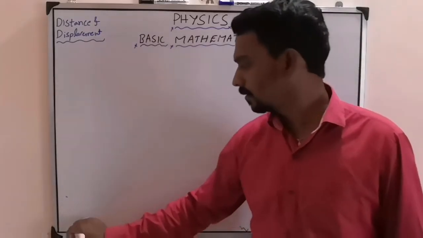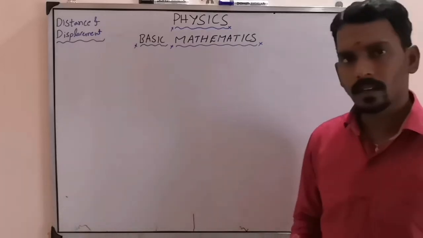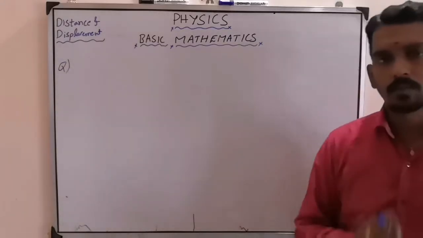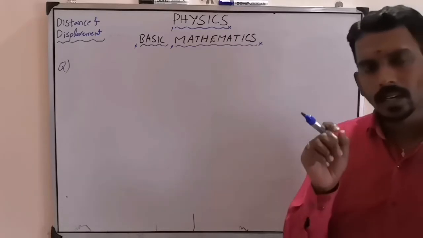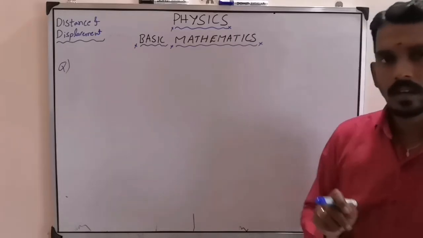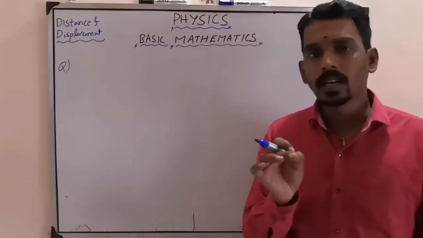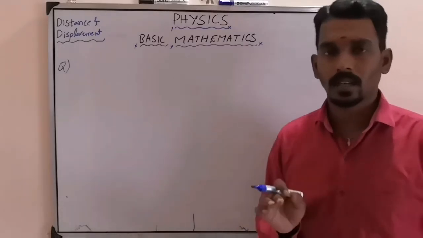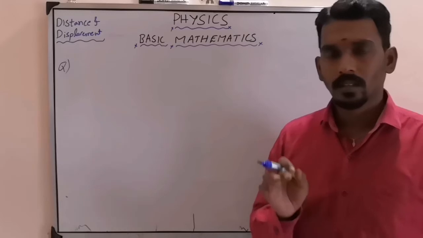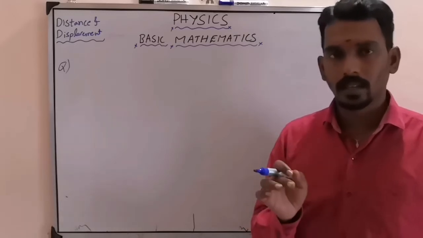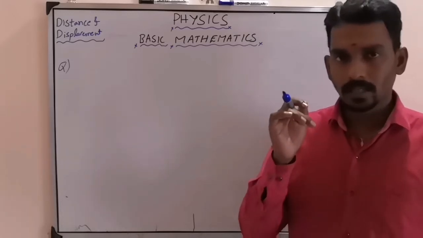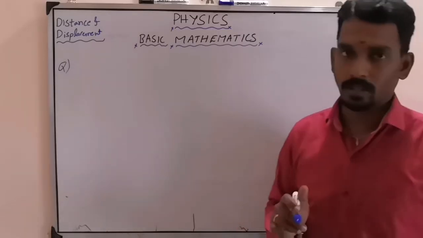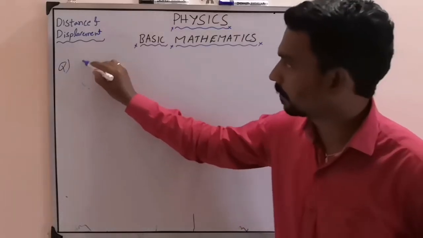So they have given one question like: a particle started at one point, any point on the circumference of a circle, and ended its journey at the diametrically opposite point. What I said? Diametrically opposite point.